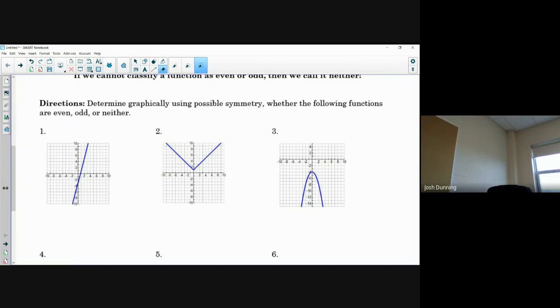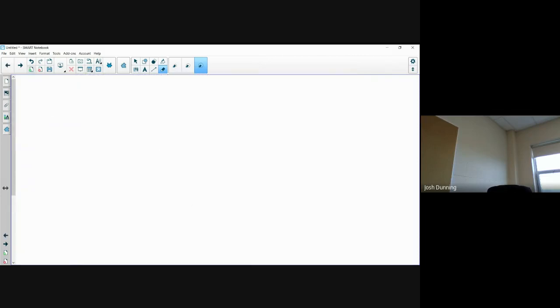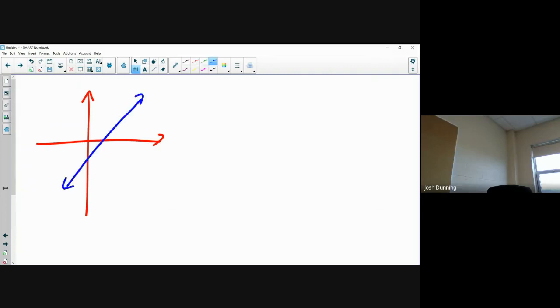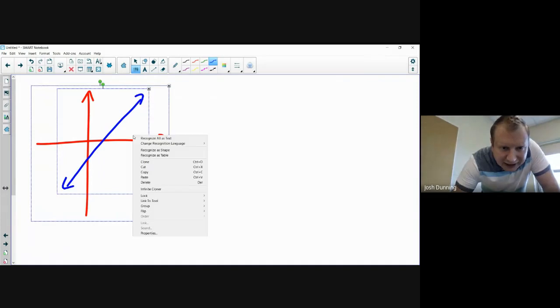Now, the odd test, let's see if I can just do this on a little sketch here. So pay attention to the way this looks. It's starting from the bottom left, going to the upper right. If I literally rotate this over, might work better with a mouse here.